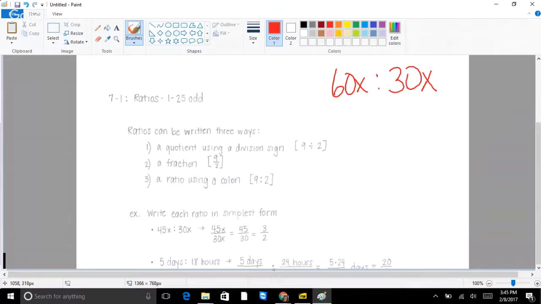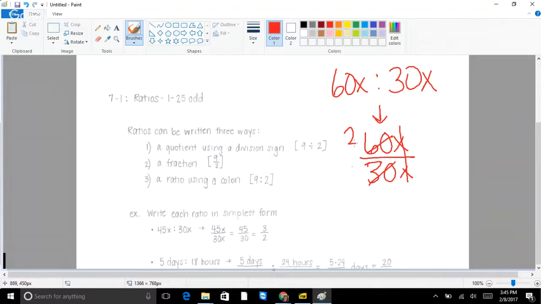Well, what we want to do is use the fraction version of our ratio. So we can also say this is 60x over 30x. Now we can do some simplifying, right? We know how to simplify fractions, because that's what we spent all of Chapter 6 doing. So the x's cancel out, and 30 goes into 60.